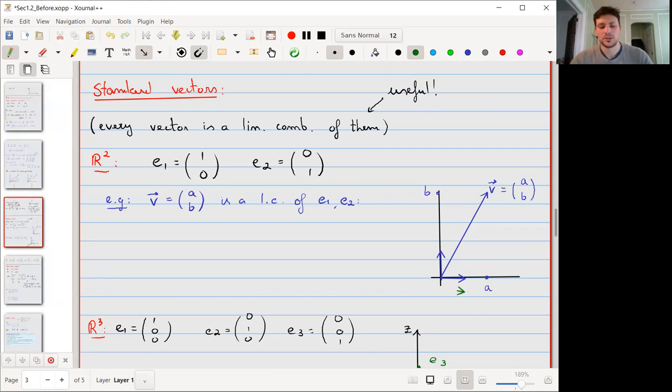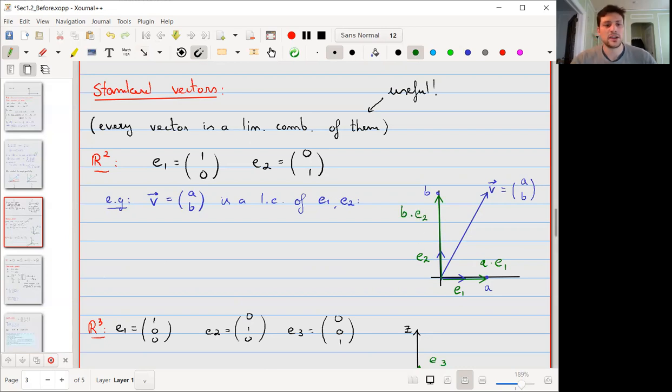So I drew E1 here, and I drew E2 here. Then this vector over here is a times E1. And the vertical vector over here that reflects the component of v is nothing but b times E2.